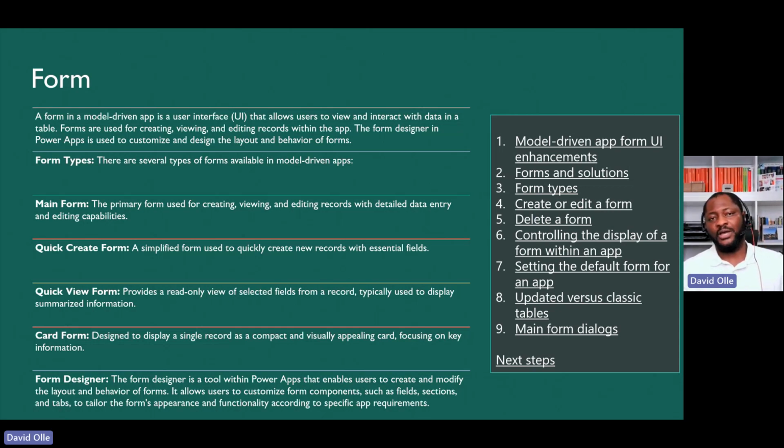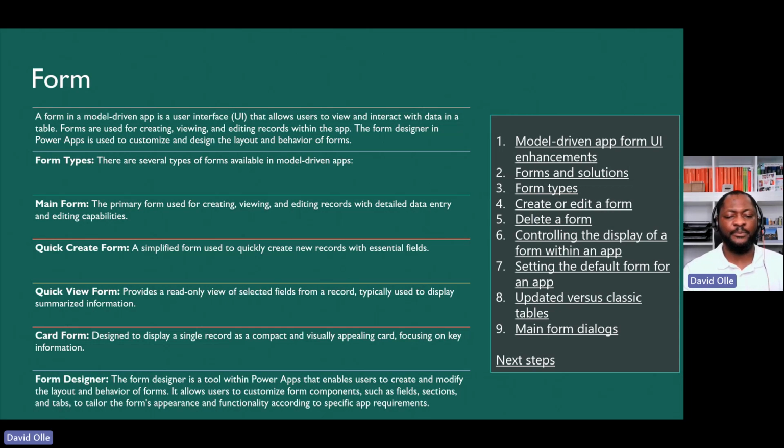For example, if you have a contact and you want a card form that displays all of the essential information about a person, for example, their full name, the email address, the telephone number, it's like a complimentary card. Just think about that concept of a card.